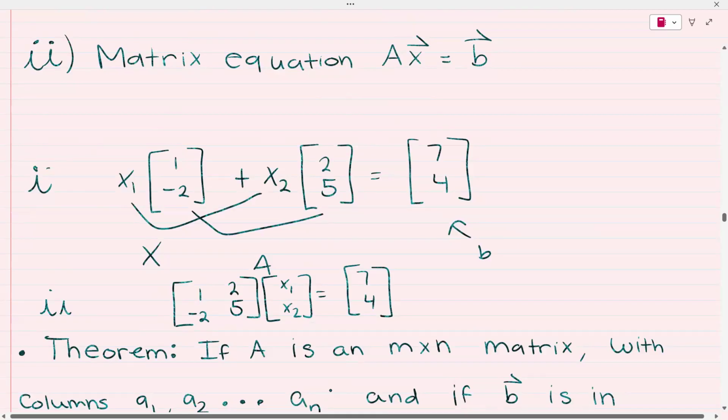Okay, so this is matrix A times vector X equals vector B.